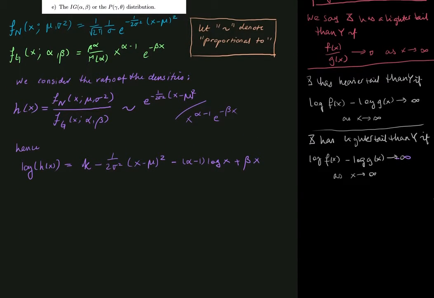So what do I notice here? Basically I have a term with log x, a term with x, and a term with x squared. This term with x squared will be the dominating term as I let x tend to infinity, right?